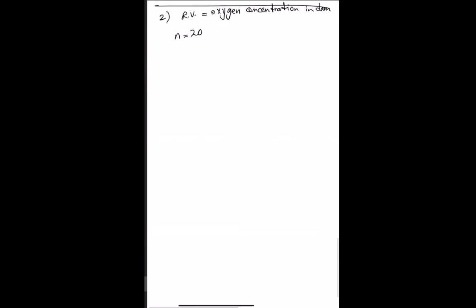And we took a sample of size 20, n is 20, and we have the value of each one of these 20 samples. And we want to test the hypothesis of whether the average oxygen concentration in a dam is 2.5 milligram per liter, or this is not the case.